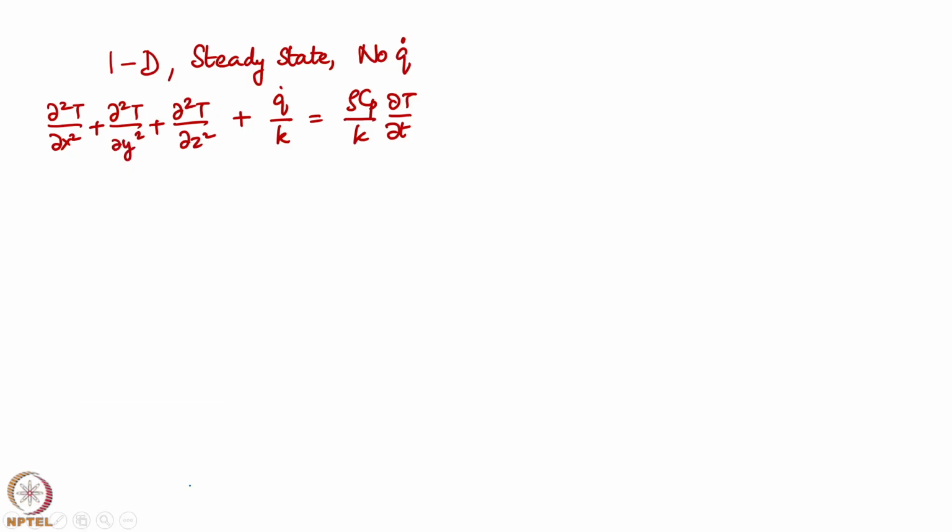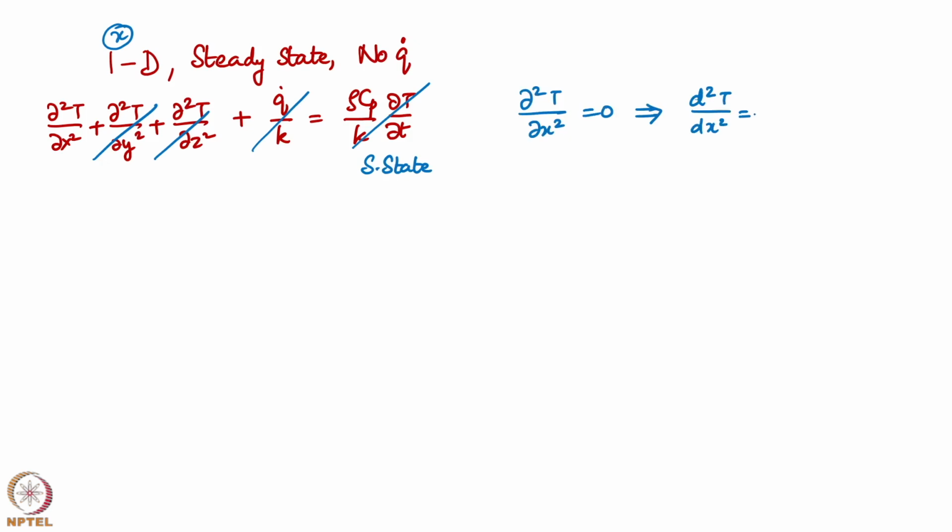We are saying it to be one dimensional, so let us say 1D in x direction. So, these two go to 0, no heat generation, so this goes to 0, steady state, so this goes to 0. I am left with d²T/dx² equal to 0, where the partial derivative becomes a regular derivative, which can be solved very easily. Two integrations, C1, and T of x is C1 x plus C2, very easy, very straightforward, very nice.